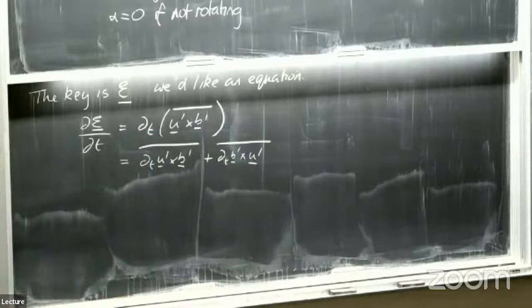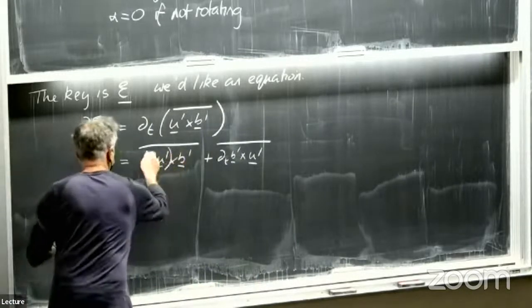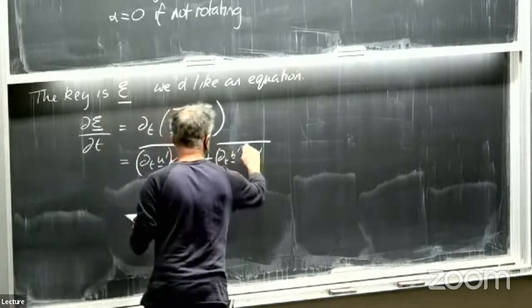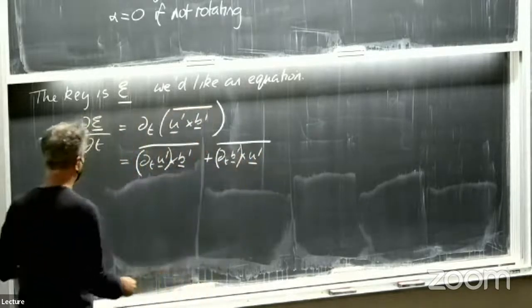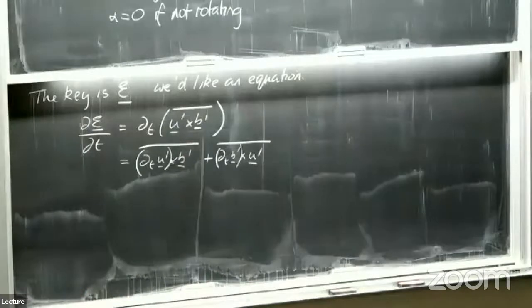Everybody happy with that? So let me just be clear, this is dt of u prime cross b prime plus dt b prime cross u prime. Well, this means we're going to have to have a look at the equation for b prime.